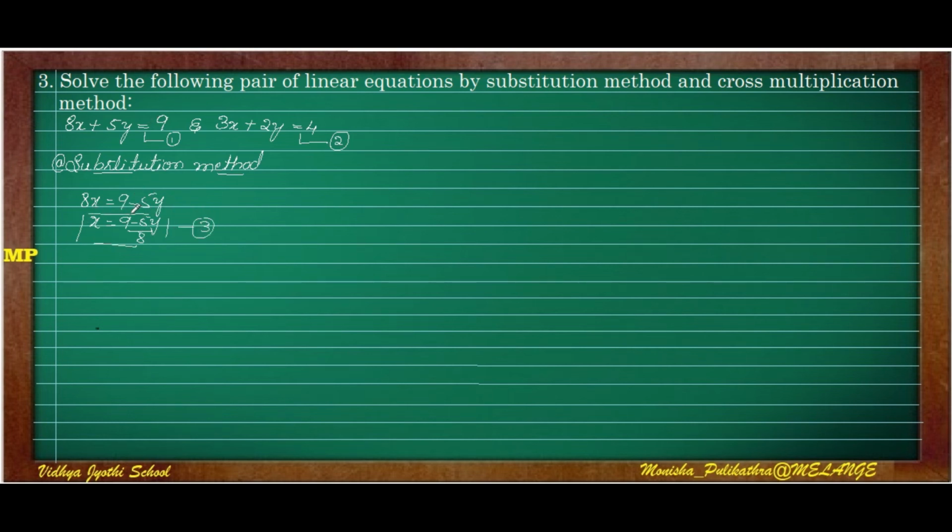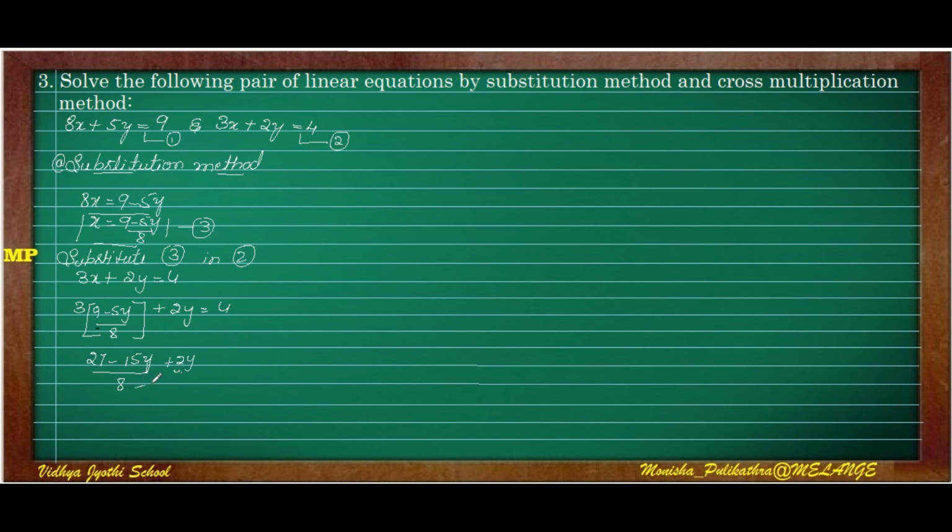Since I have rearranged the first equation, I need to substitute it in the second. So substitute 3 in 2. The second equation is 3x plus 2y is equal to 4. In the place of x, we substitute (9 minus 5y) divided by 8, so 3 times (9 minus 5y) divided by 8, plus 2y is equal to 4. Since 3 and 8 are not divisible, we multiply: 9 threes are 27 minus 3 fives are 15y, divided by 8, plus 2y.